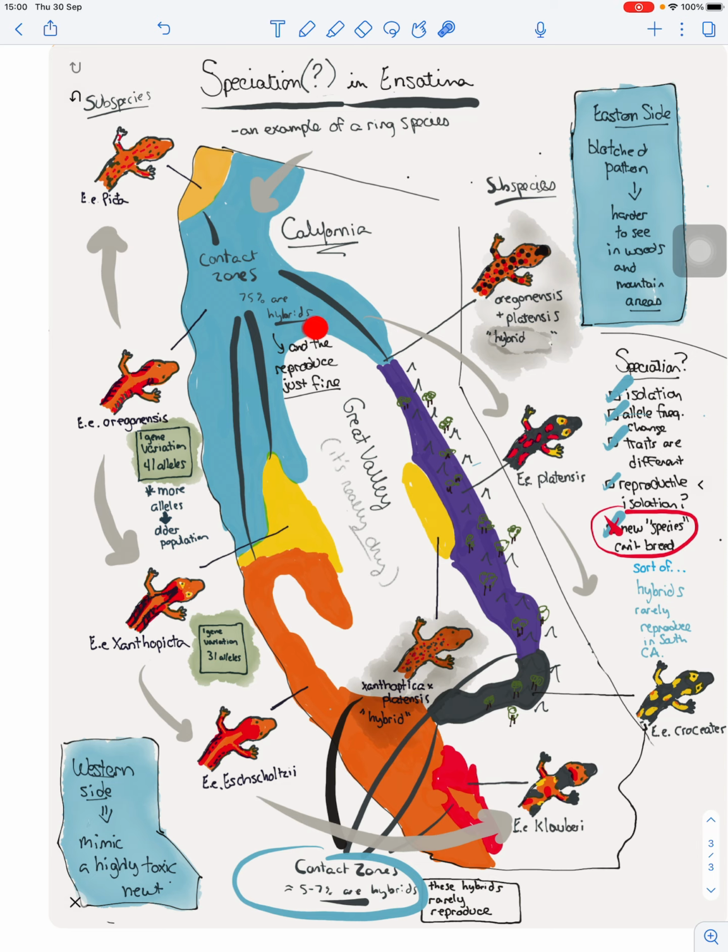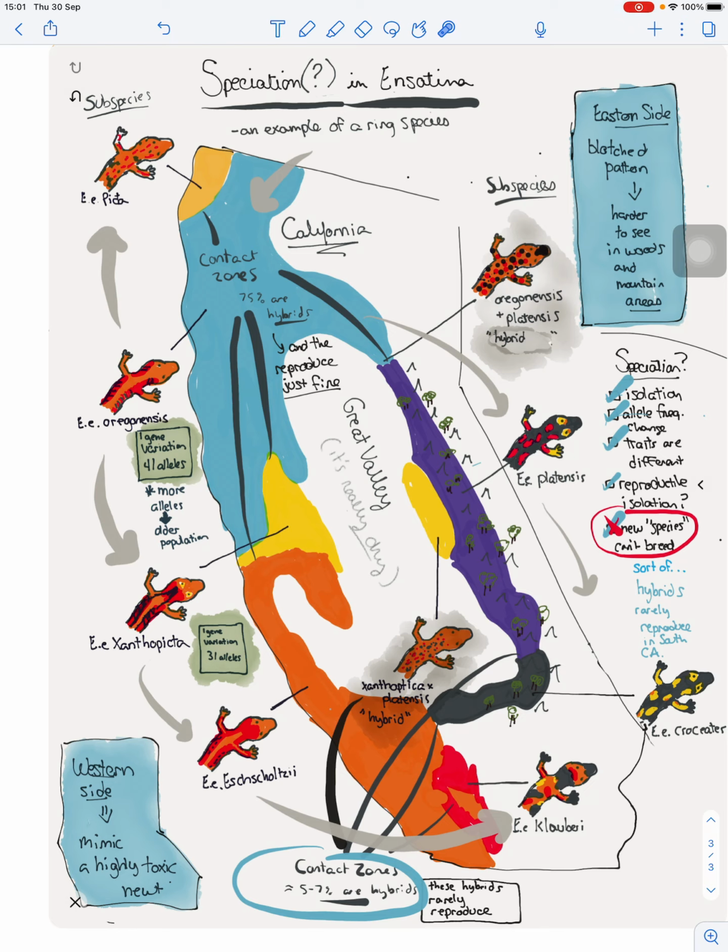So this is an example of what we call a ring species, in a sense that this Great Valley kind of created a ring. So these organisms had to go either this way or this way. And over those hundreds of thousands of years, they were separated. By the time they got back together, they had evolved quite different paths and are less compatible.